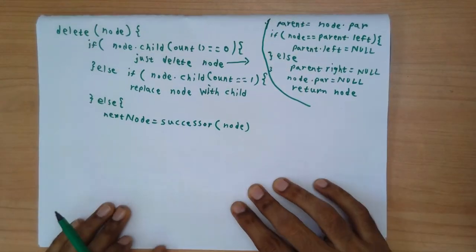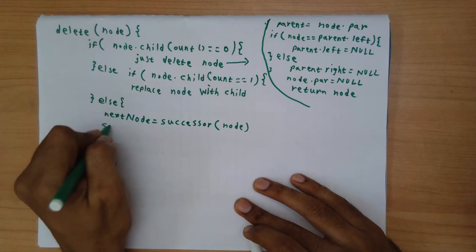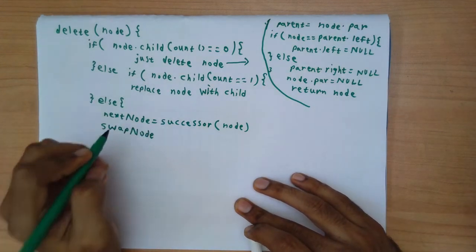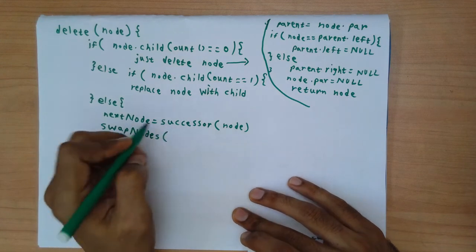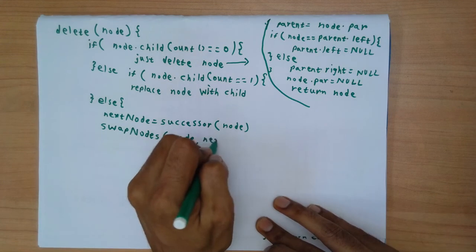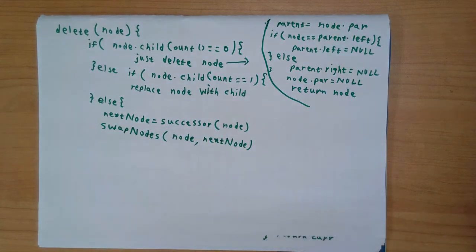Now I get the successor, which is the next node, and then I will swap two nodes. Which nodes? The current node that I have and the next node that I got. I'll swap their positions in the tree, and once I have done that, my tree will not be a valid binary search tree after this swapping.